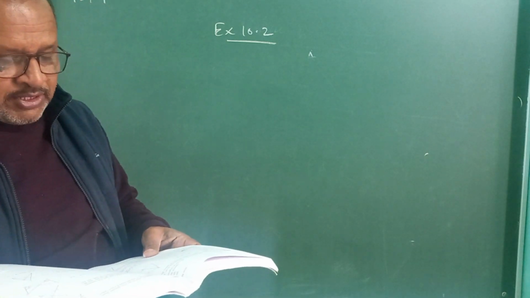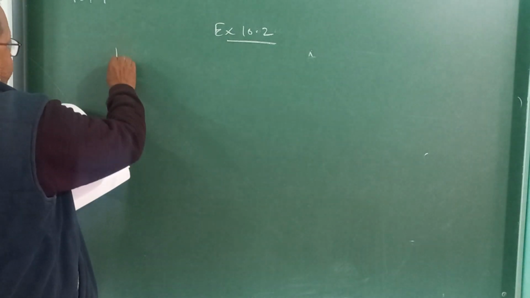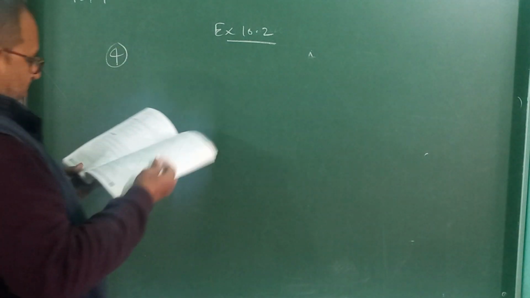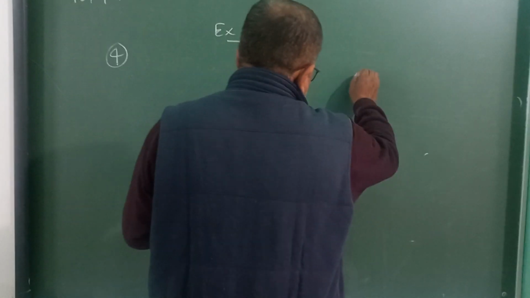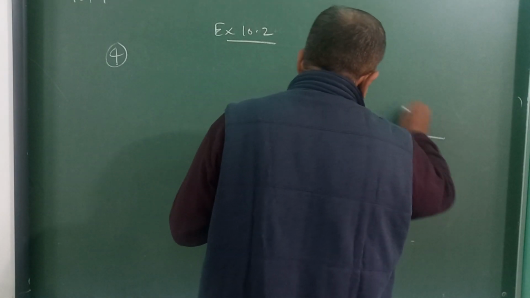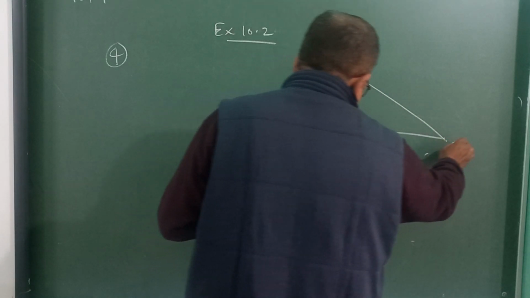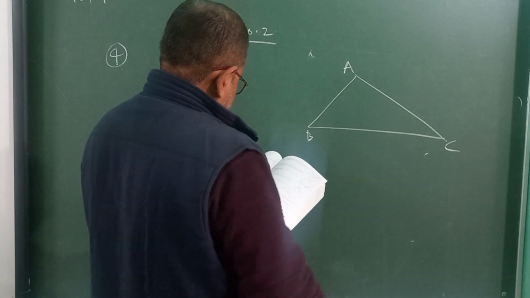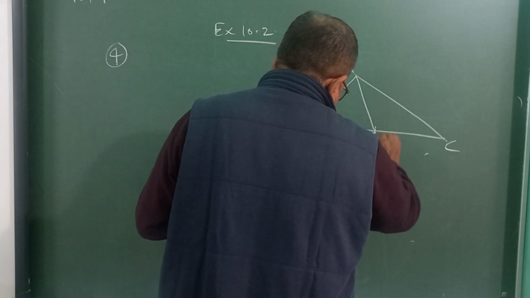Now see question number 4. In question number 4, a figure is given. So draw the figure. ABC is a triangle and AD is median.